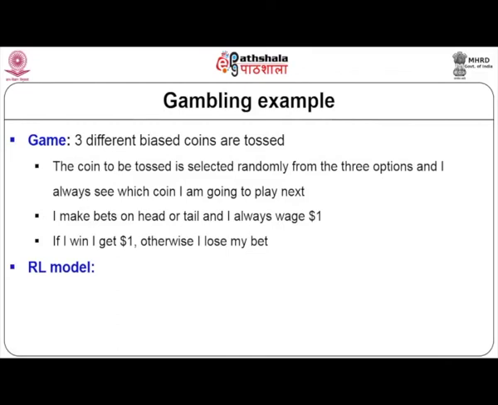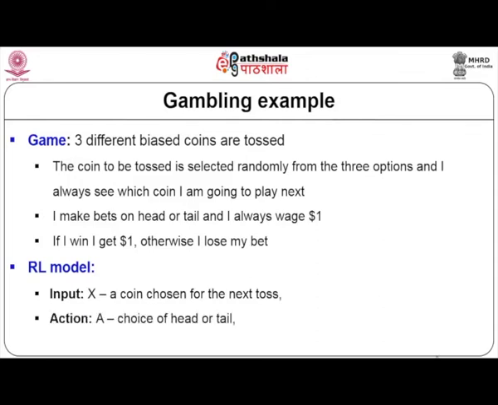The coin is tossed and selected randomly from the 3 options. Once I know which coin it is, I make bets. So, the RL model is: X is the coin chosen for the next toss, the action is a choice of head or tail, and the reinforcements are -1 and +1.